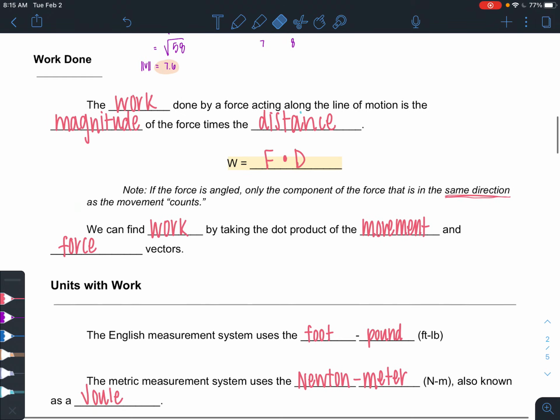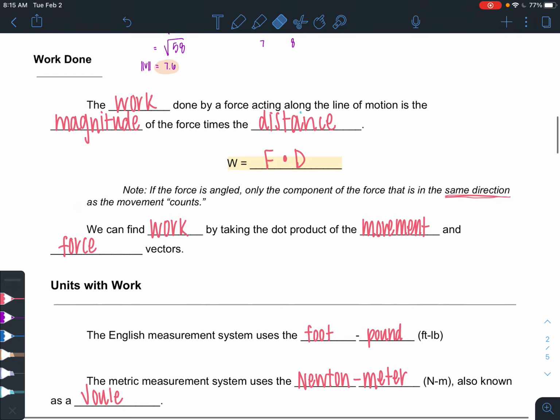All right, so here is our first example. A 75-pound stone is lifted 10 feet into the air. Determine the amount of work done. I'm going to draw a picture.